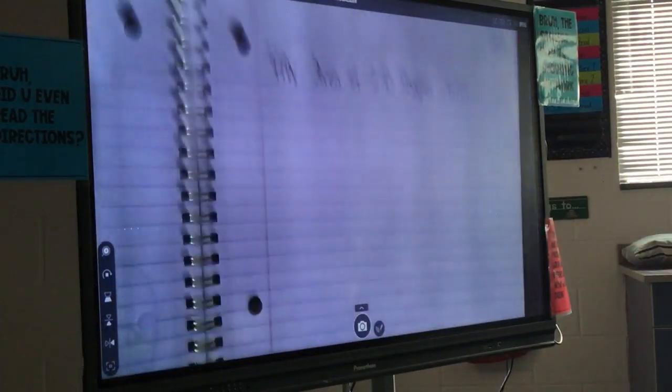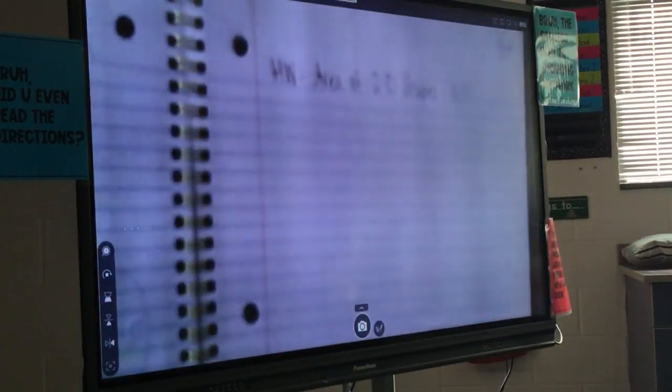Slide over in your notebook. You need to title it Homework Area of 2D Shapes.